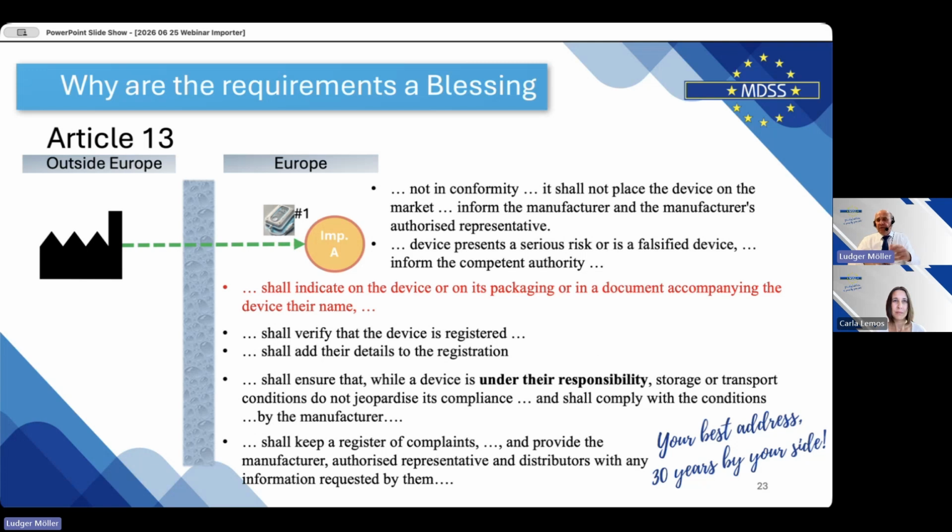And yes, it's a requirement. It must be done by the importer. The MDCG document clarifies that the product can be safely sent to the customer, and the customer has to add his information. So if your customer asks to add his information, then according to ISO it would be a customer requirement and not a legal requirement. So be very careful on that.